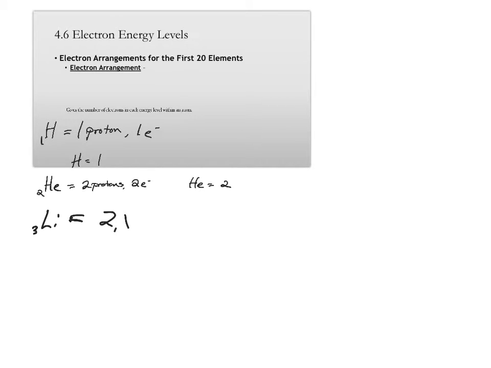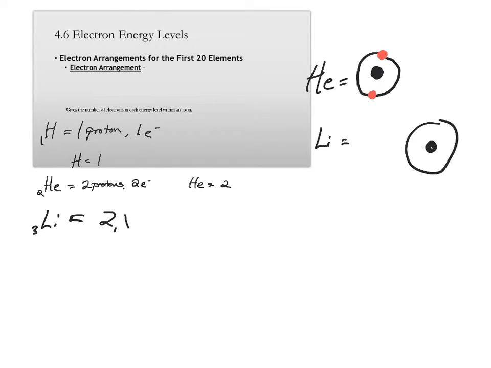Go back to the Bohr model, the thing you probably learned about in high school or middle school. That first orbit is only ever going to have at most 2 electrons in it. So this would be a helium atom in the Bohr model right here. But for lithium, it has to have a second orbit. So here's your nucleus, there's the first orbit, and here's the second orbit.